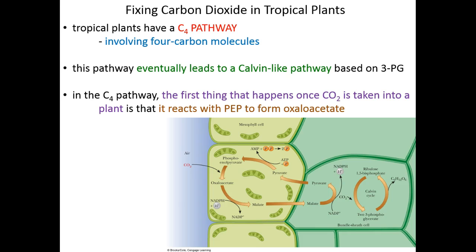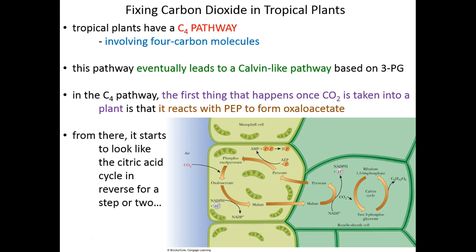So for this C4 pathway, the very first thing that happens to carbon dioxide once it's absorbed by a leaf is that it reacts with PEP, our old friend phosphoenolpyruvate, and when PEP is carboxylated, we get oxaloacetate. Pretty crazy, right? And then from there, it starts to look like the citric acid cycle in reverse for a step or two, because the oxaloacetate that we make is oxidized to malate, and there's NADPH doing that oxidation.